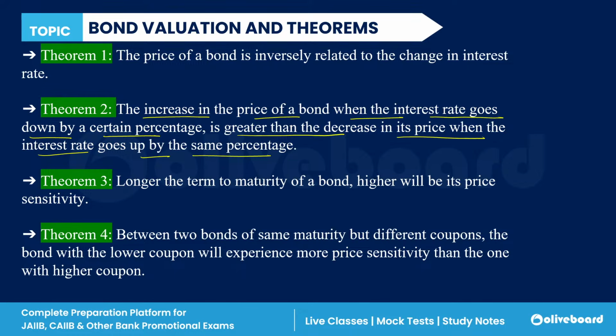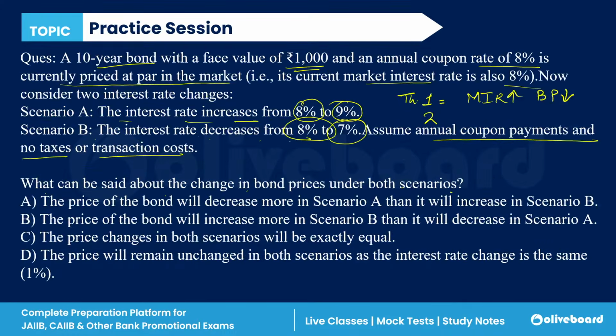Now, understand this particular theorem. It is saying that the increase in the bond price will always be greater than the decrease in the bond price if the market interest rate is changing by the same percentage. So here the rate is increasing by 1% in one scenario and decreasing by 1% in the other. In scenario A, when the market interest rate increases, obviously the bond price will decrease.